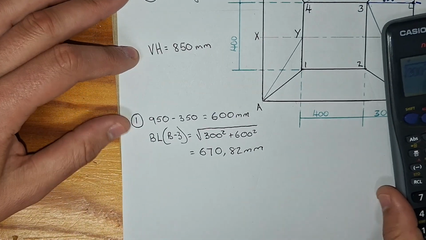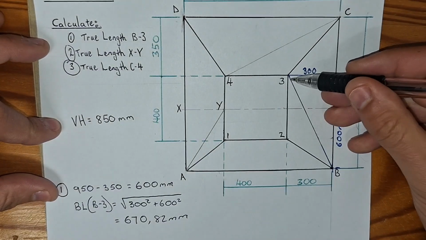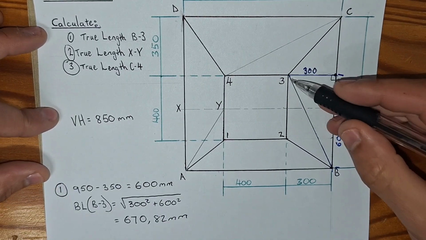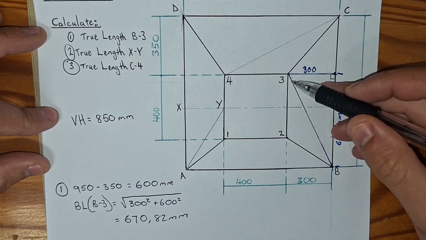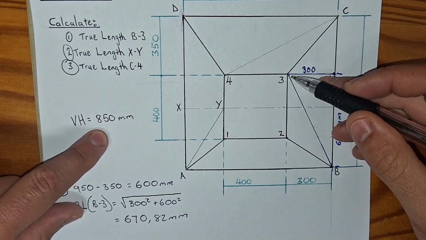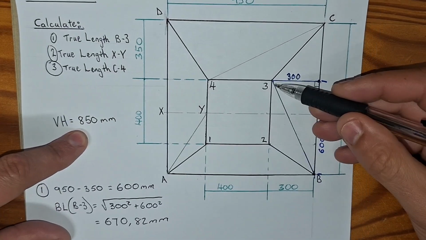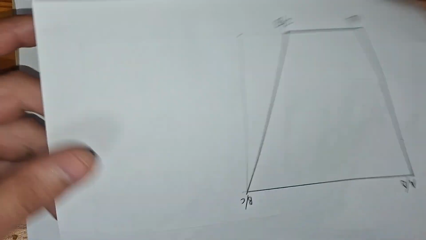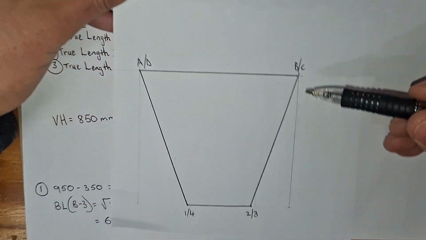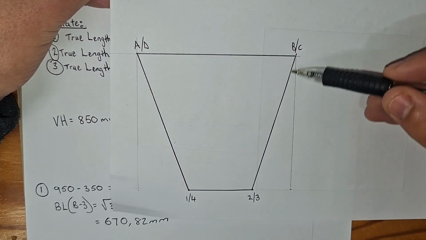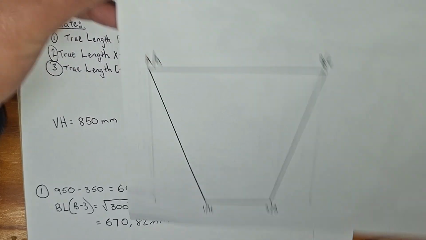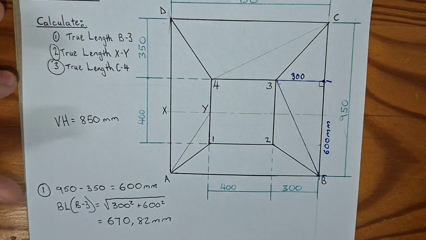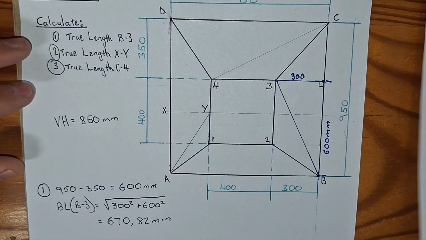Now that we have calculated the base length of B3, looking at the sketch from the top, we will put the base length in proportion with the vertical height of 850. Remember, referring to our front view, which looks like this, the vertical height is 850. So we will put this base length of 670 in proportion to the height by means of Pythagoras.